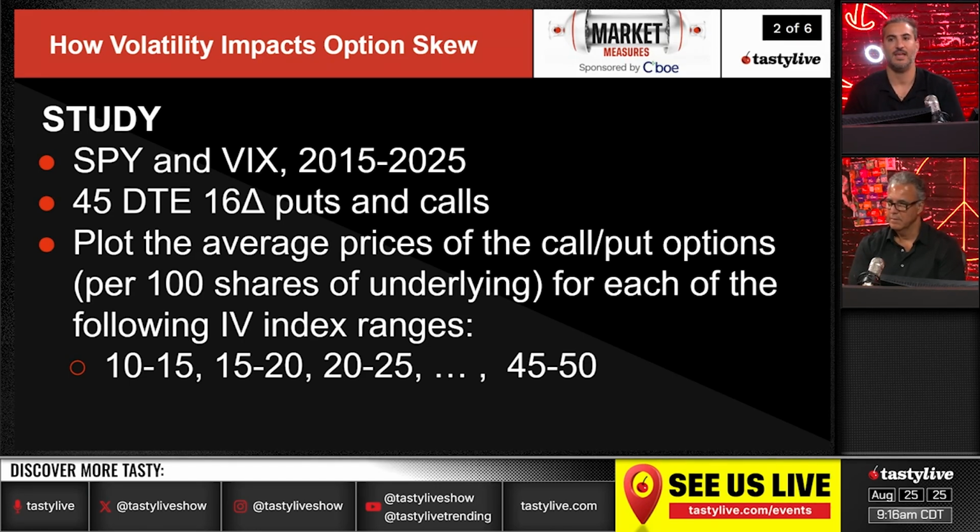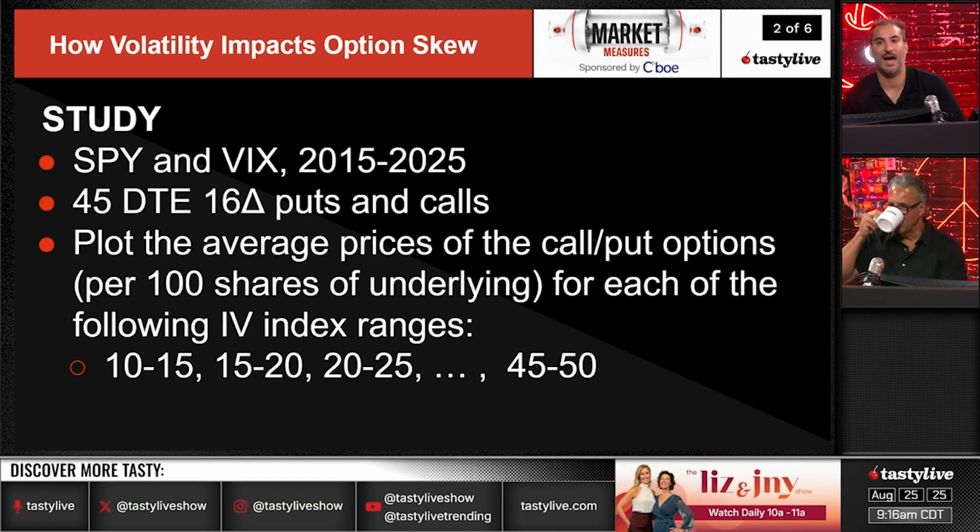We're going to plot the average prices of the call and put options per 100 shares of the ETF for each of the following IV index ranges: 10 to 15, 15 to 20, 20 to 25, all the way up to 40 to 50. The IV index is our 30-day implied volatility index for each underlying.